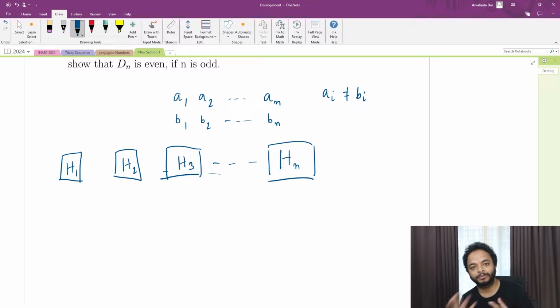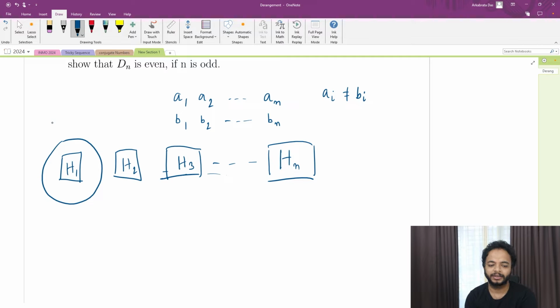The postman has n letters, the letters for the corresponding houses, and now the postman will post all the letters to the wrong address. Now try to think like this: we'll fix one house. It doesn't matter whether it's h1, h2, h3, anyone. So without loss of generality, let's fix h1.